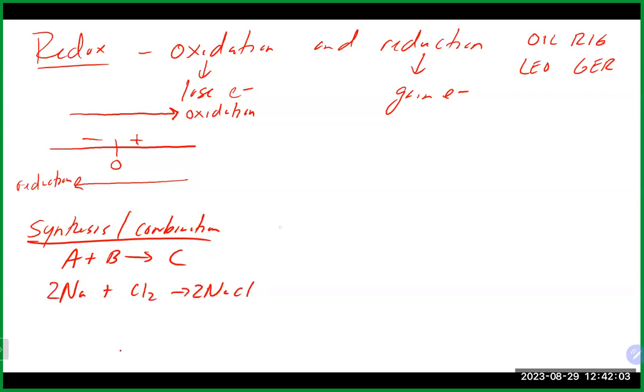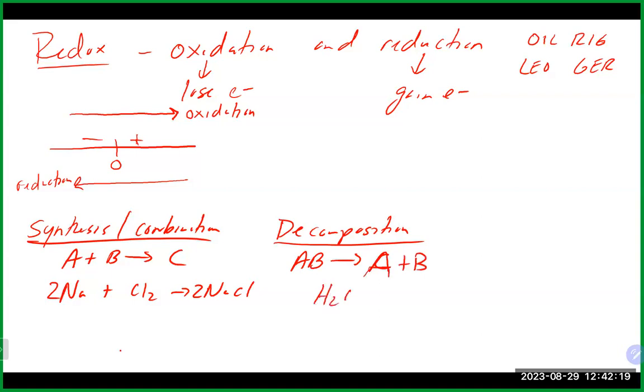You could also find decompositions as a type of redox reaction. That is basically the opposite of synthesis, where you start with one thing and you break it apart into multiple things, right? So you run an electrical current over water. It will break apart into hydrogen and oxygen in this particular case. And that's a decomposition reaction.